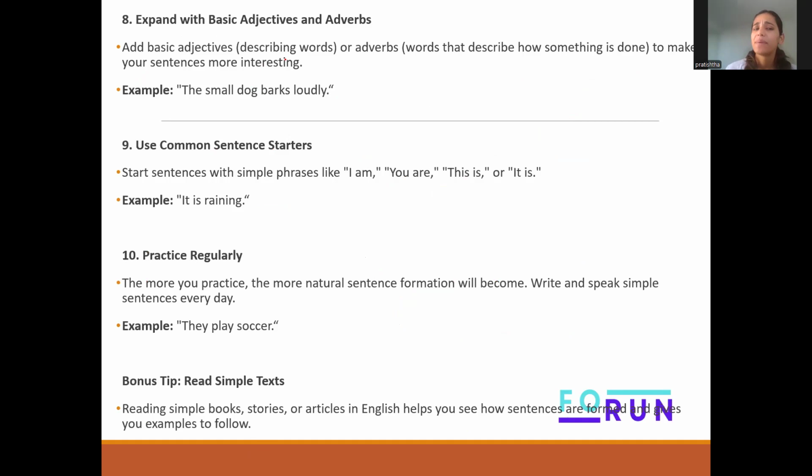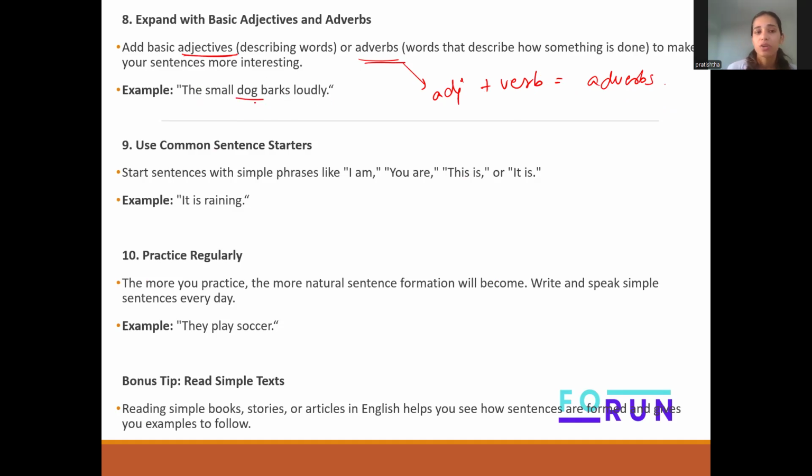You can add basic adjectives or adverbs, right? Adjectives essentially means something that describes the noun. Adverbs describe a verb. When something describes the verb, how is that action taking place? The small dog barks loudly.